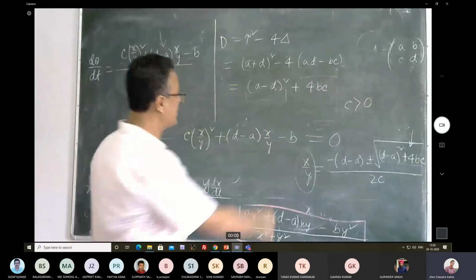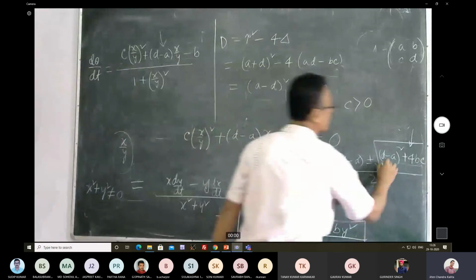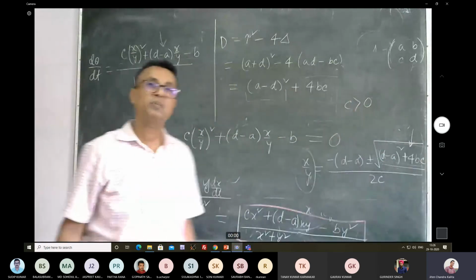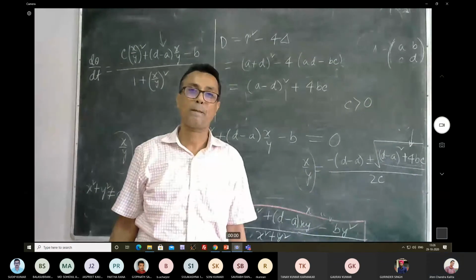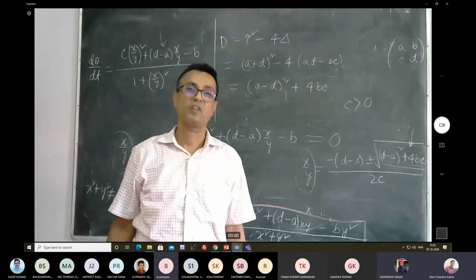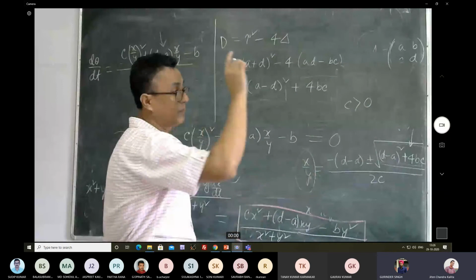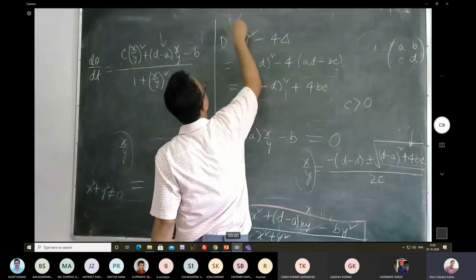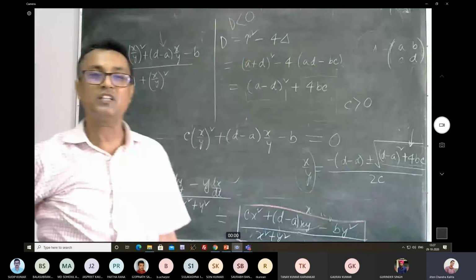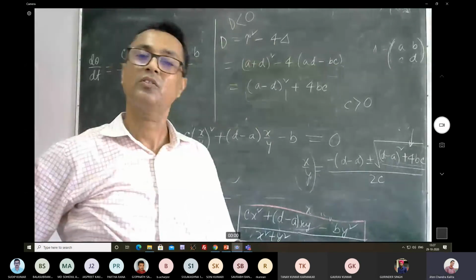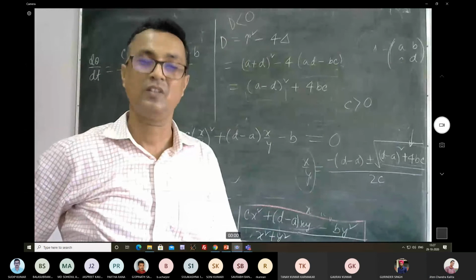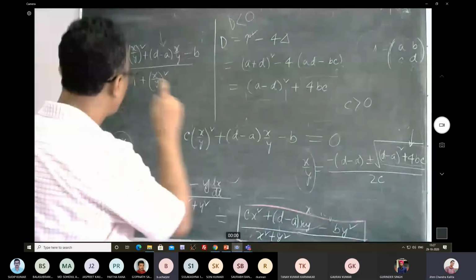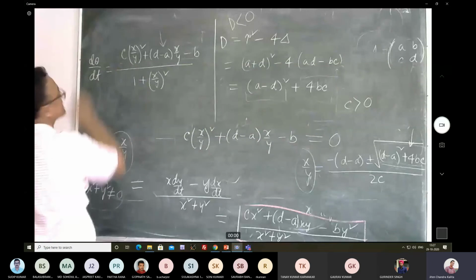If I am seeking a real x by y, the expression under the radical sign must be greater than or equal to 0. But because I am considering the complex roots, I already know that this discriminant is strictly less than 0, isn't it? That is not possible, right? Is it okay? That is why d theta dt is non-zero.